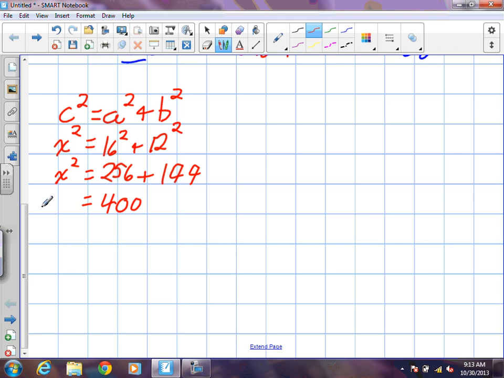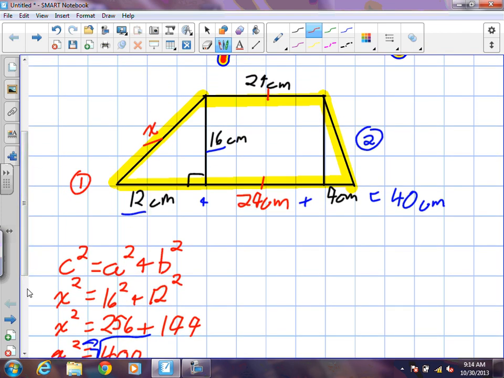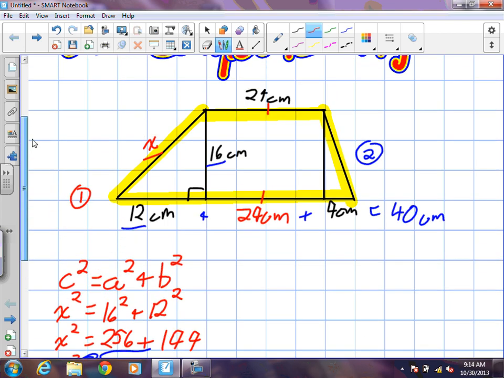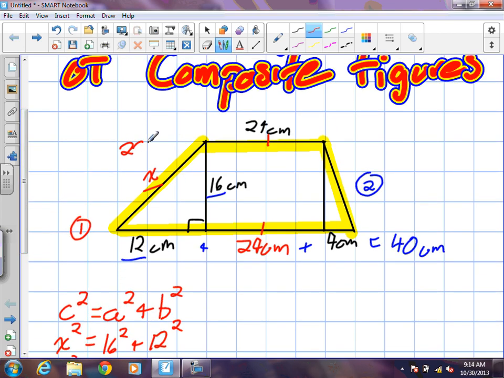Is that the distance of that side? That's right. We need a square root. So we square root that side. Square root of 400 is? 20. Good. And what's the unit of measurement? Centimeters. Excellent. So we've just figured out that this side length is 20 centimeters using Pythagoras Theorem.